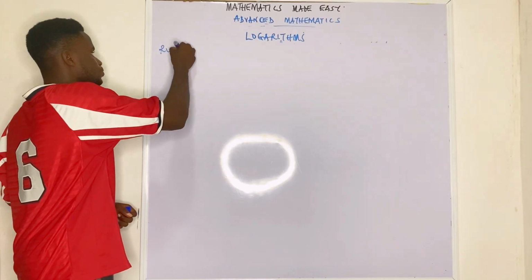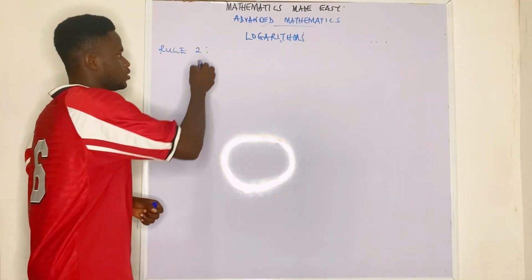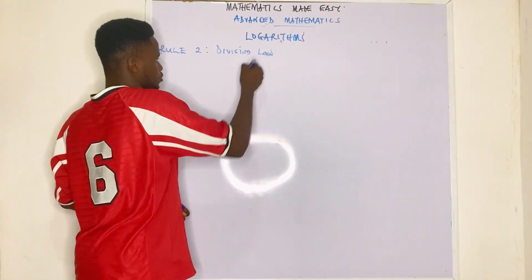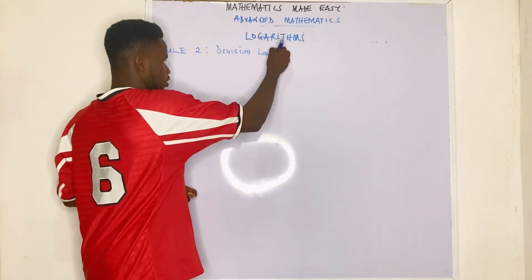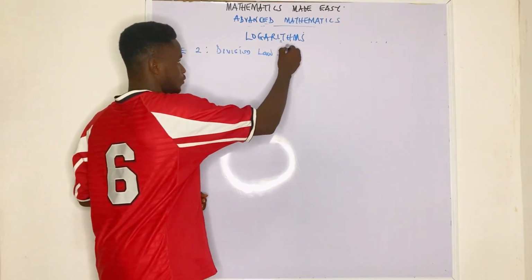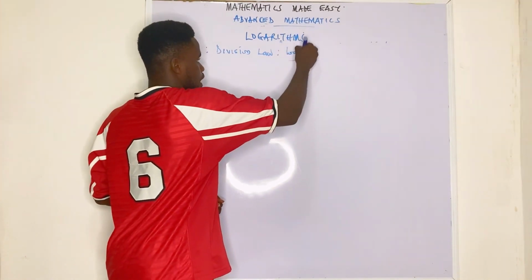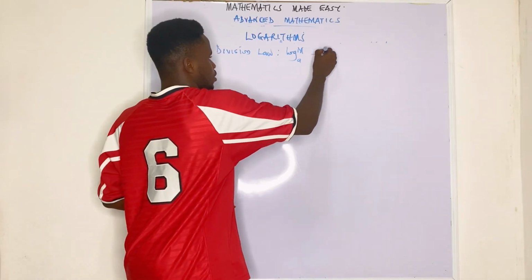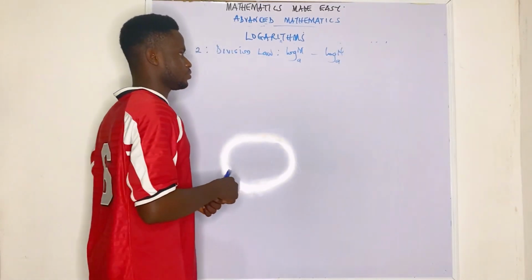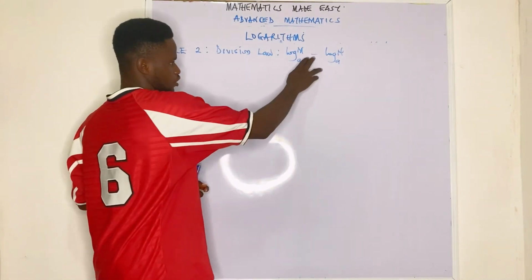Rule number 2, which is normally called the division law, or you say quotient law or rule. The law says if you are subtracting, like if I am given, let's say, log m base a minus log n base a, if I give something like that, so this one they are subtracting.